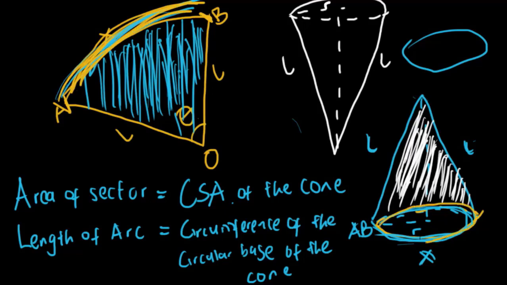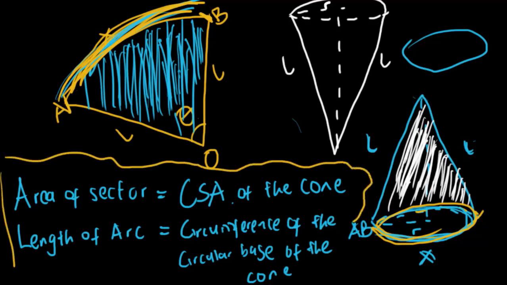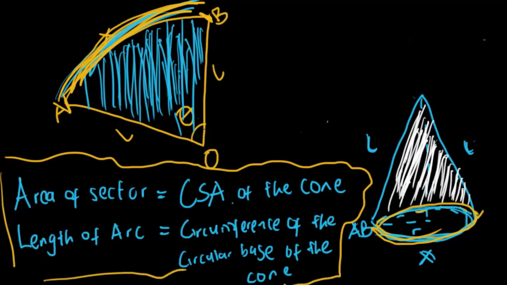It's what becomes this part here, which is known as the circumference of the circular base of the cone. I hope you understand. So this relation here is very important. Does that make sense? Now let's clean somewhere up here and let me show you this in formula form.